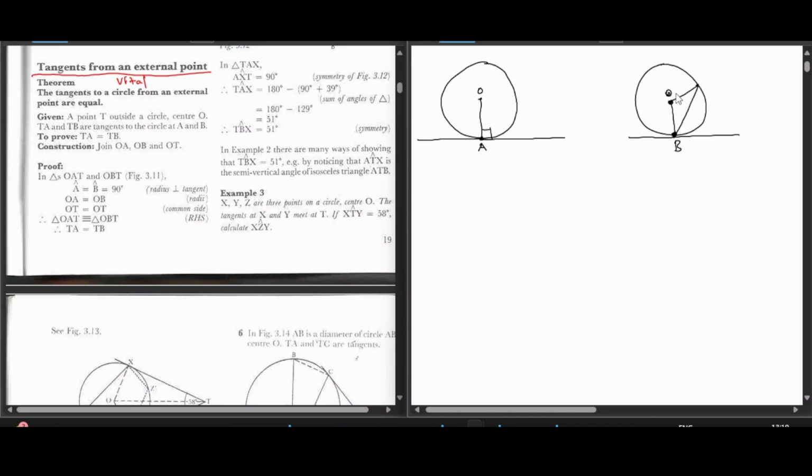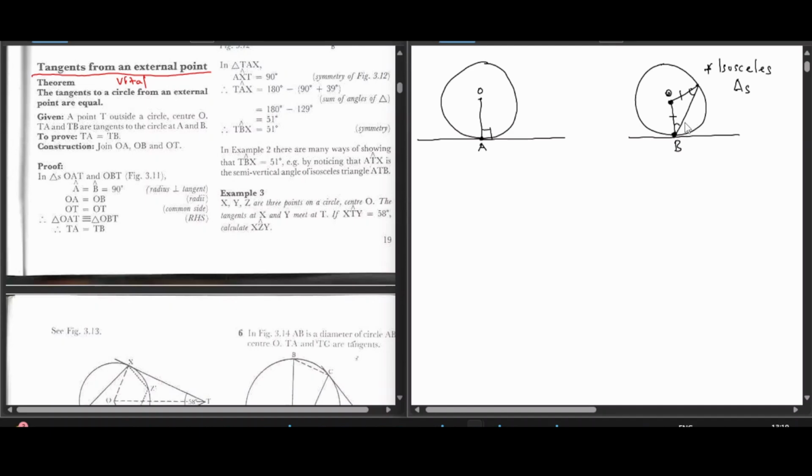Whenever you have two radii of a circle, you have to know that radii are of the same length. So if radii are of the same length, automatically you have an isosceles triangle. And when you have an isosceles triangle, the base angles are going to be equal.